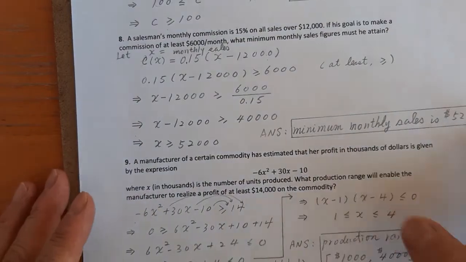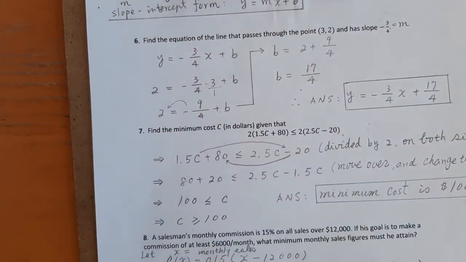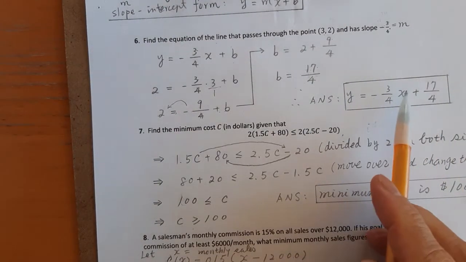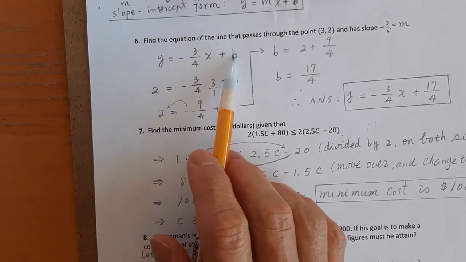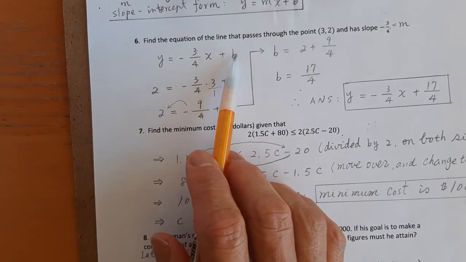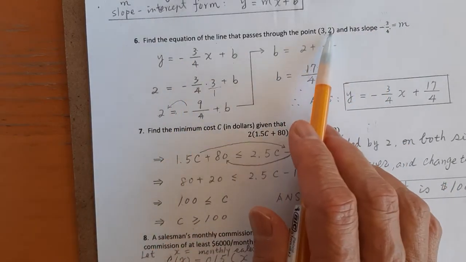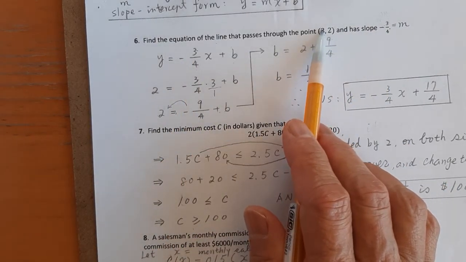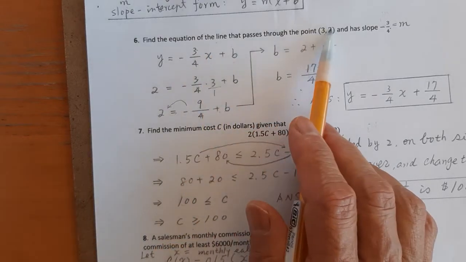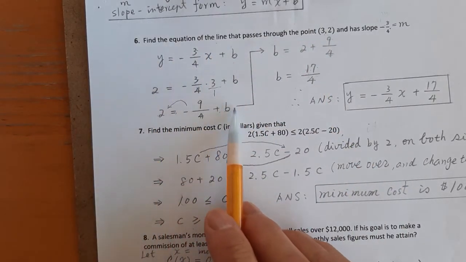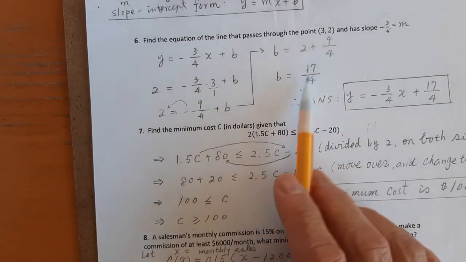It's the same answer as this. So this one uses slope-intercept form: slope is negative 3/4, put the 3 into x and the 2 into y, and then solve for b.